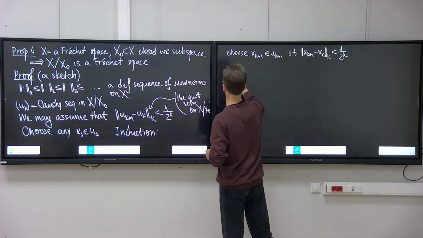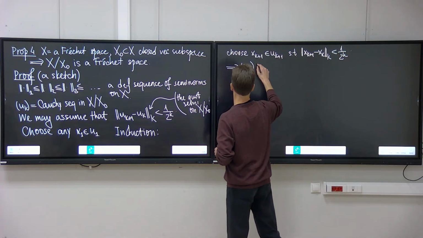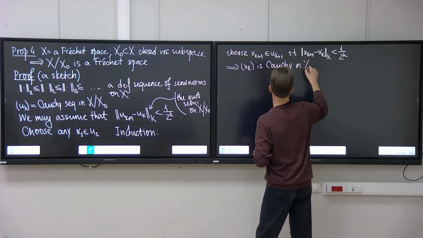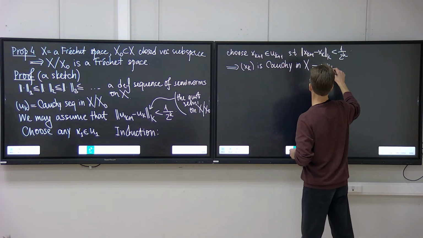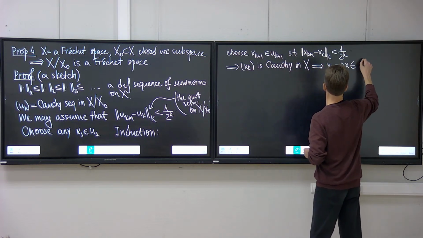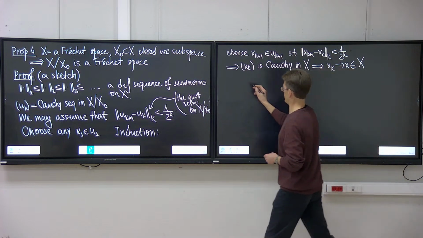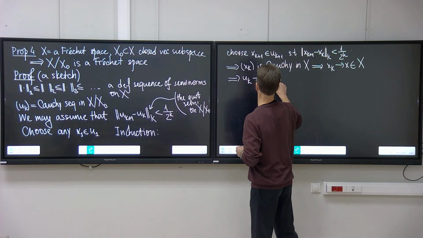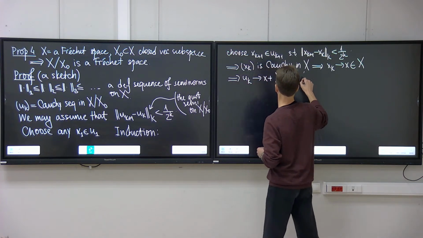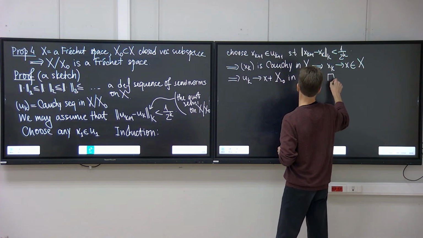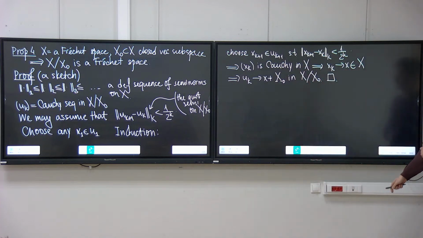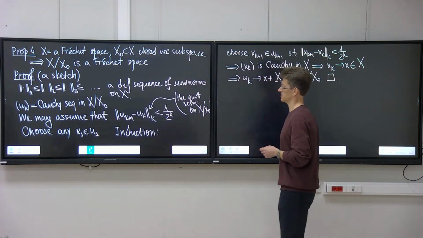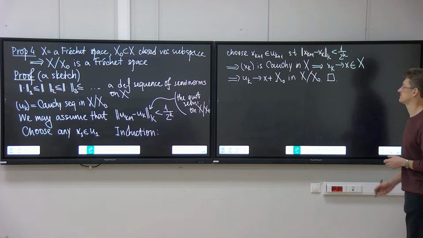This inequality implies that xk is a Cauchy sequence in x, so it converges to some element x. And so this implies that uk converges to x plus x0 in the quotient. And that's it. So the quotient of a Fréchet space modulo a closed vector subspace is also a Fréchet space.